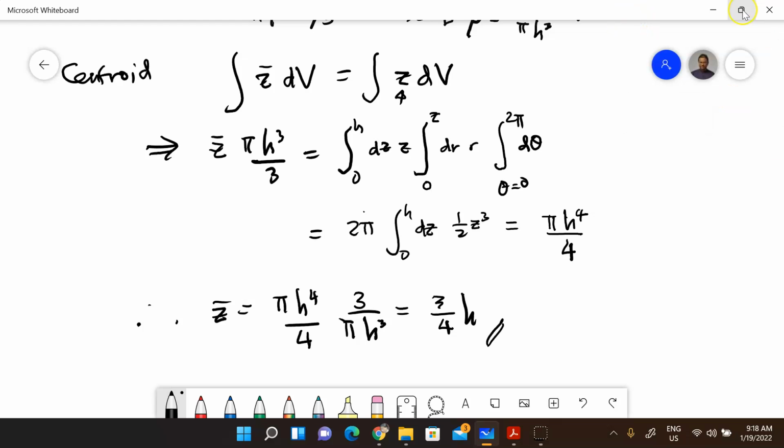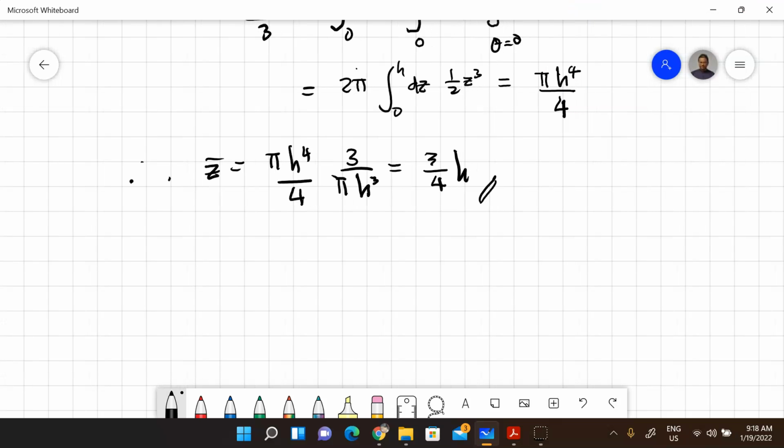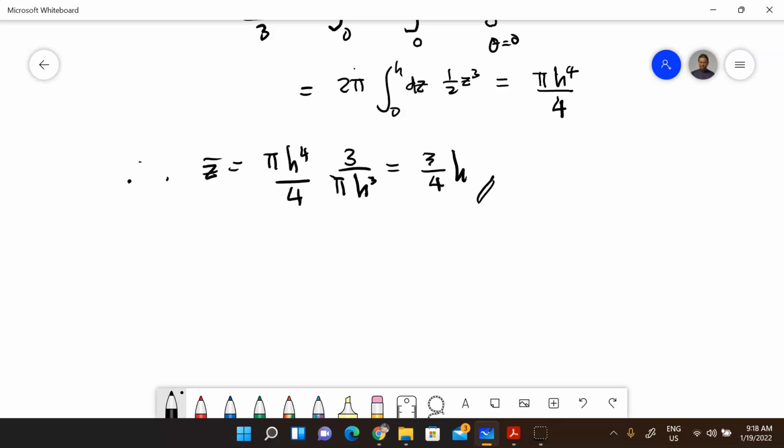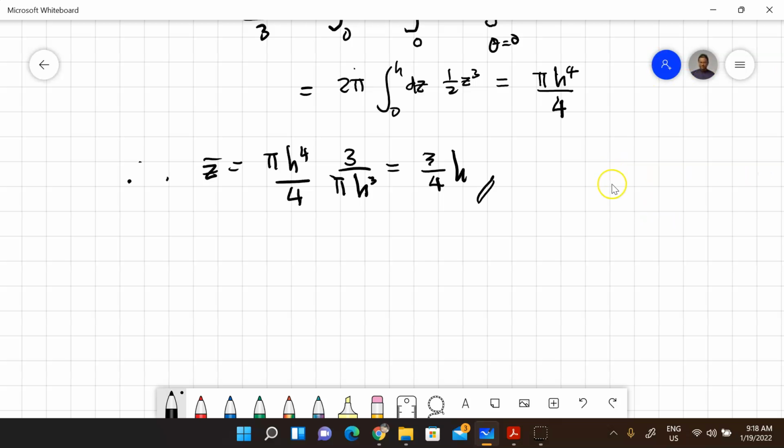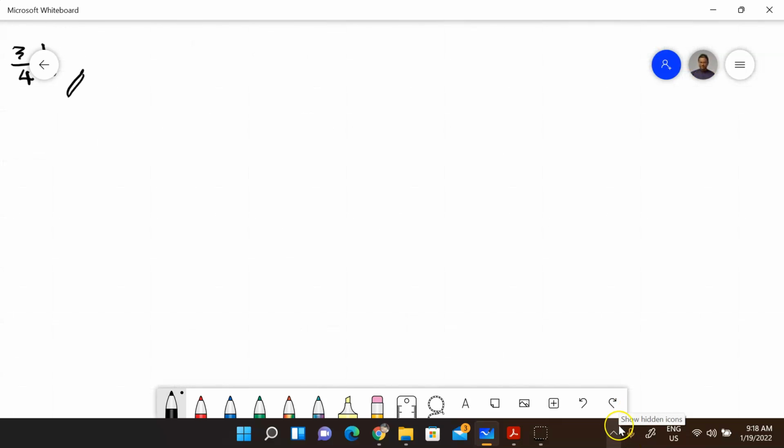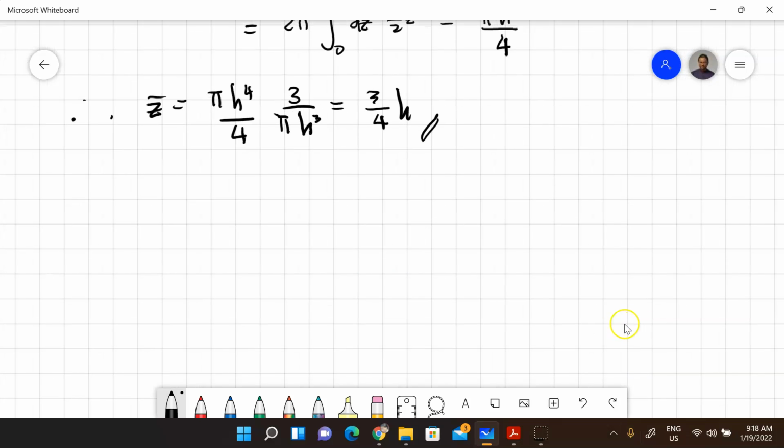So next is to do the moment of inertia. Let's remember what the moment of inertia is about the axis of the cone. Let's go back to the cone here.